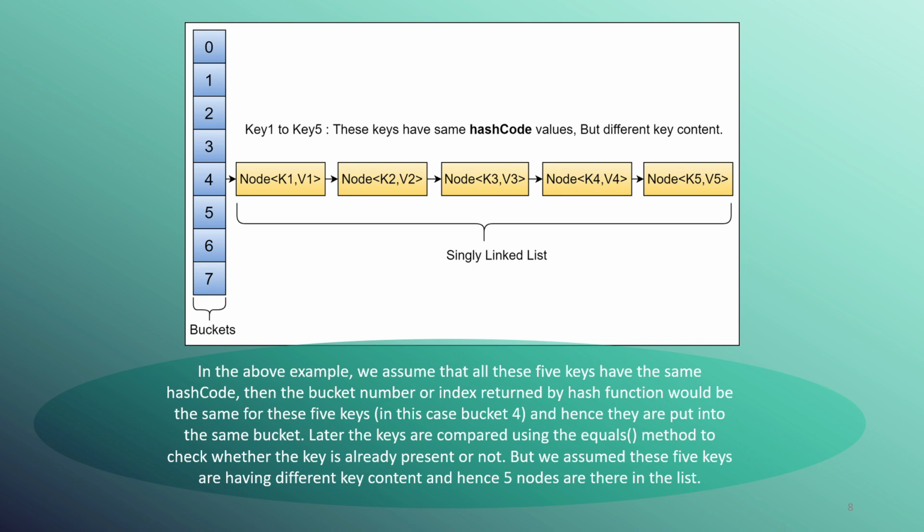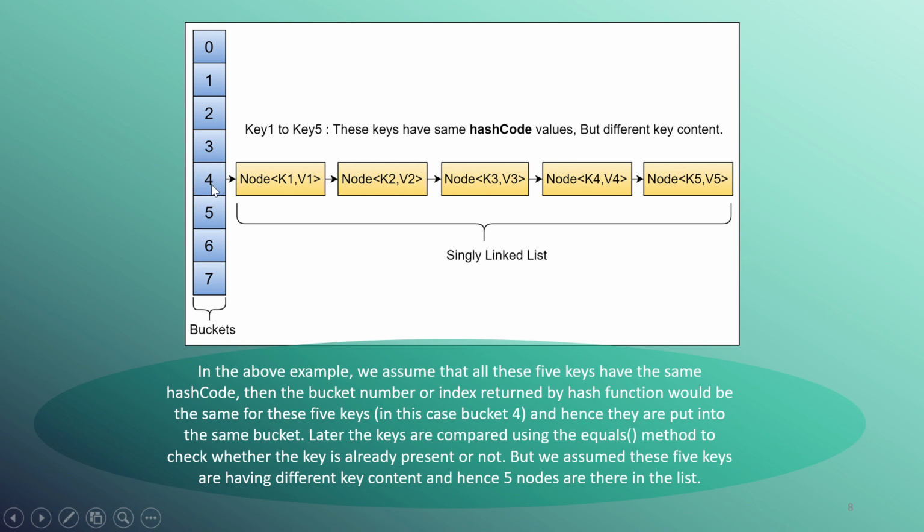Initially, as you can see, this is the array, so these are the buckets. Here it is shown up to 7, but usually if you initialize it, it will be 16 buckets. Suppose I do a put of 1 comma a and it returns a hash code of 100. It will be 100 mod 16, and suppose it lands on this 4th bucket.